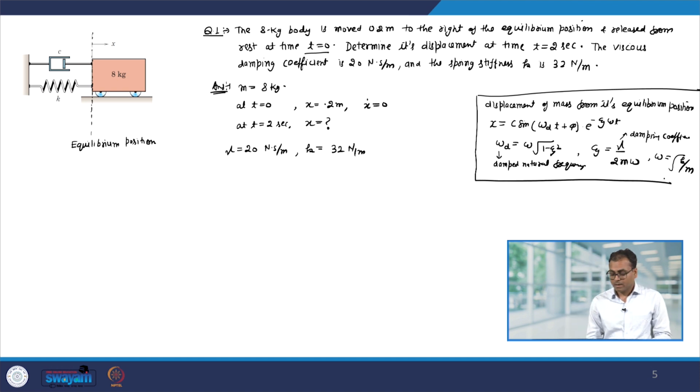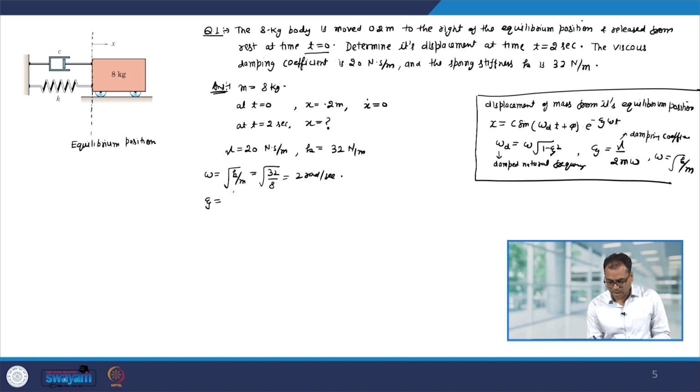Okay. So, let us first calculate omega. Omega is equal to square root k by m, k is given, m is also given. So, 32 divided by 8, equal to 2 radian per second. Now, let us find out zeta.